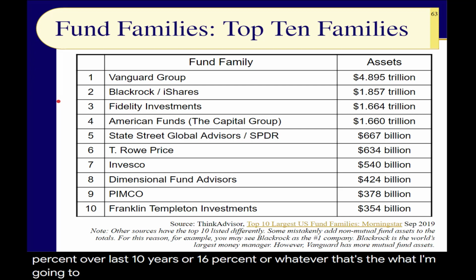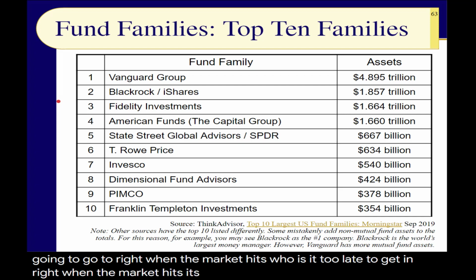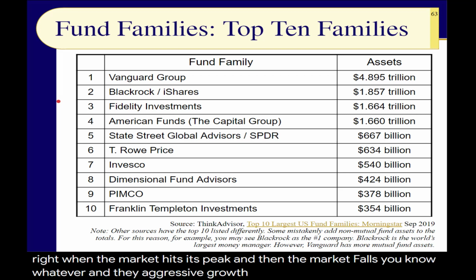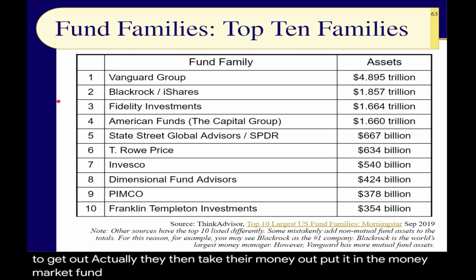That's the one I'm going to go to, right when the market hits its peak. Then the market falls, and the aggressive growth fund falls 60%. And is it too late to get out? Exactly. They then take their money out and put it in the money market fund, just in time for the market turnaround, which jumps 30%.